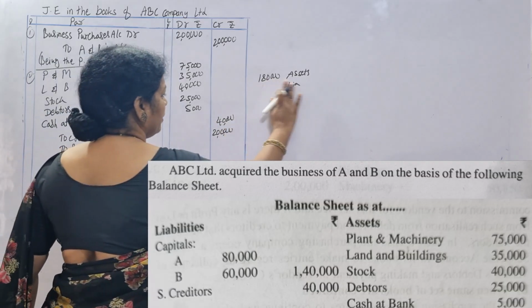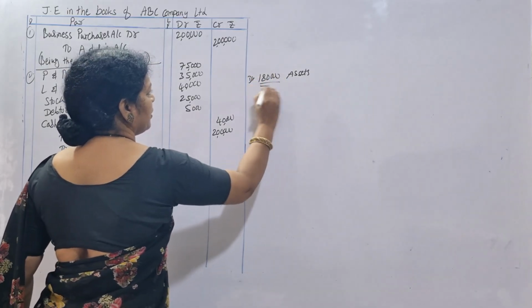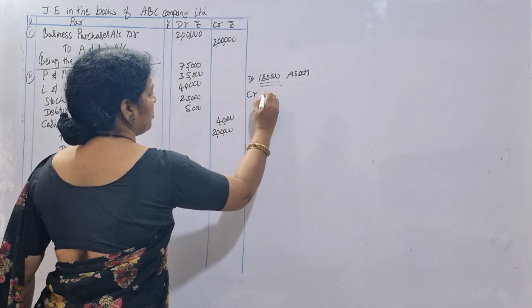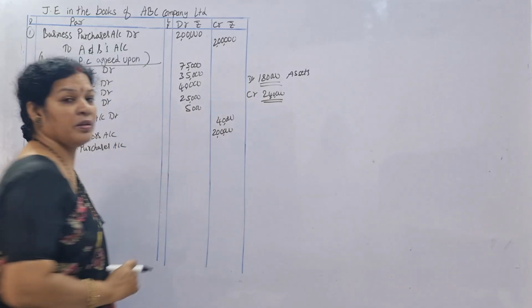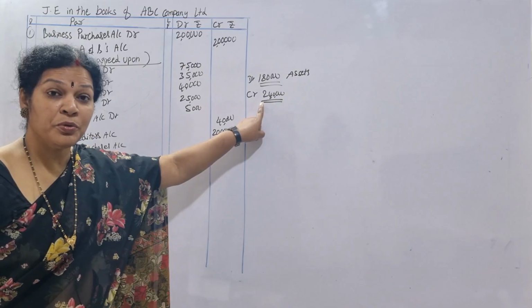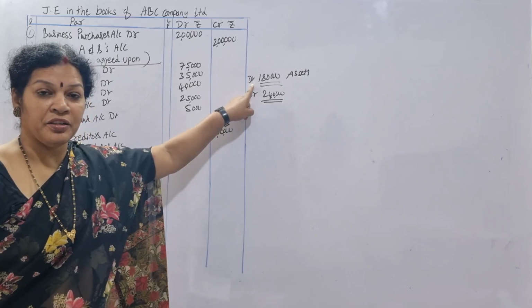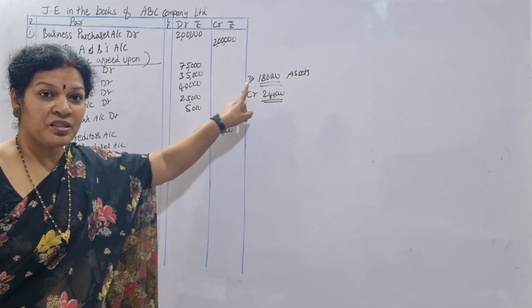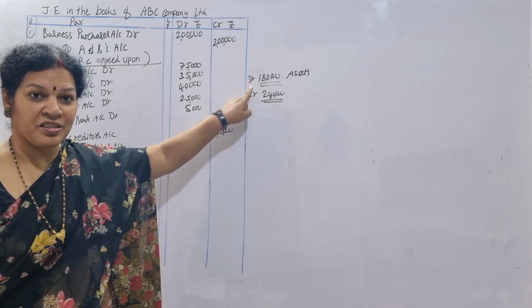If you see, the debit side amount is 1,80,000, and the credit side amount is 2,40,000. Which side is more? The credit side is more. How much more? 2,40,000 minus 1,80,000 comes to 60,000. 60,000 is more on the credit side, and the debit side is less.